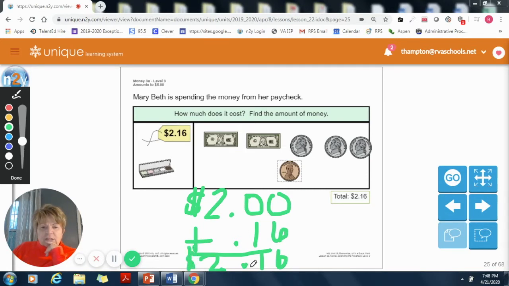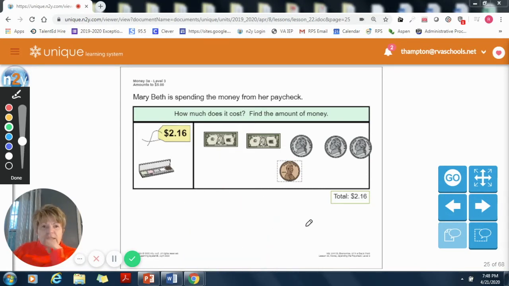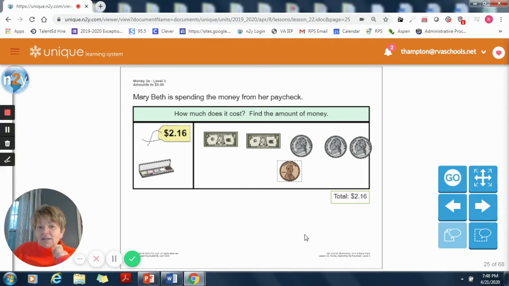Because we keep our decimals in line, and that helps us keep our pennies, our cents, separate from our dollars, and we can add in nice straight lines. But that's for another lesson. But it's something that you can practice.